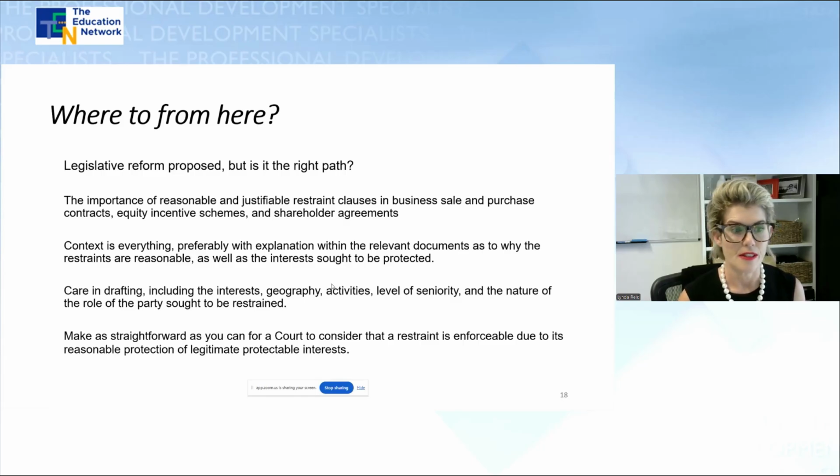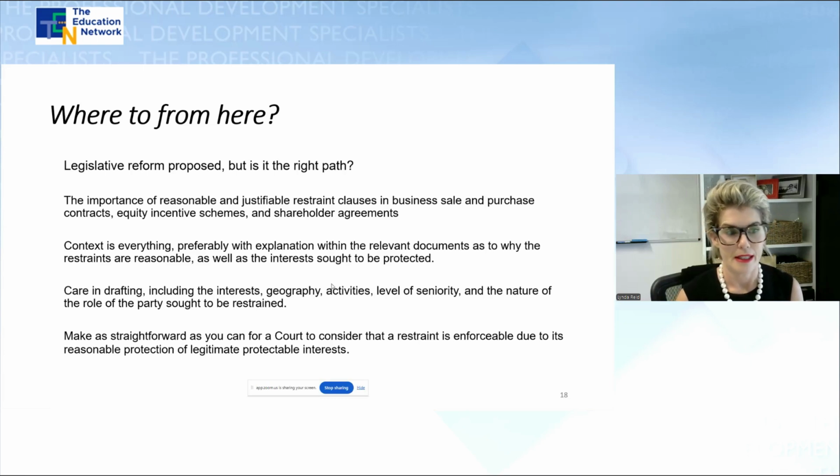Now, context is everything, and if it's possible, an explanation within the document that includes the restraint as to why it's reasonable will be helpful in providing context to a later consideration of whether these are interests that are legitimate and that we're seeking to protect for a really good reason.